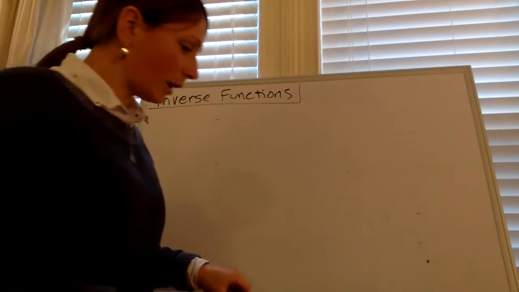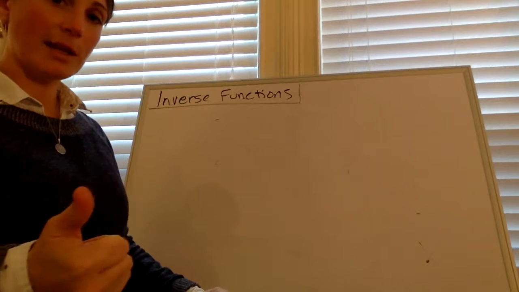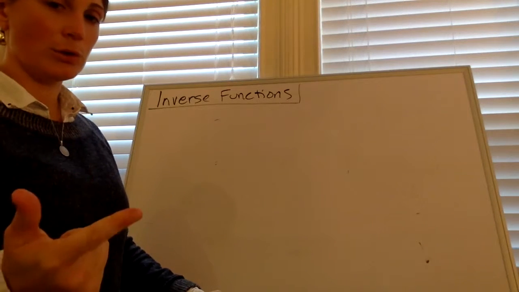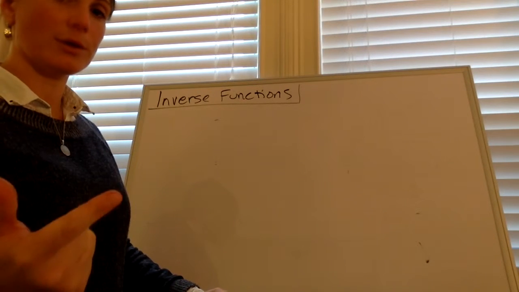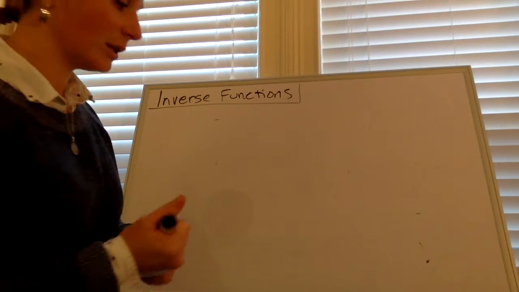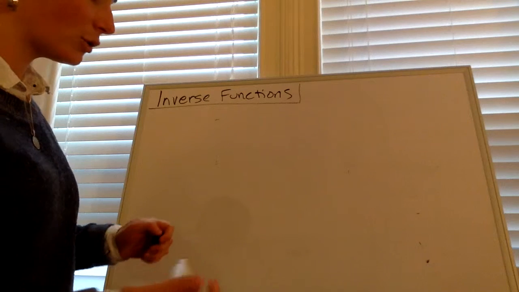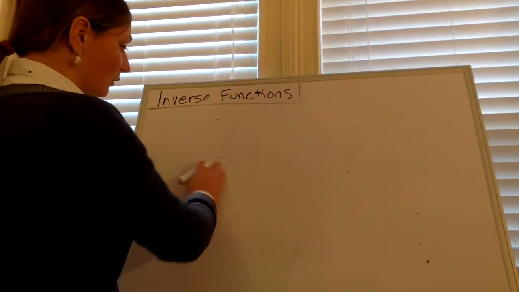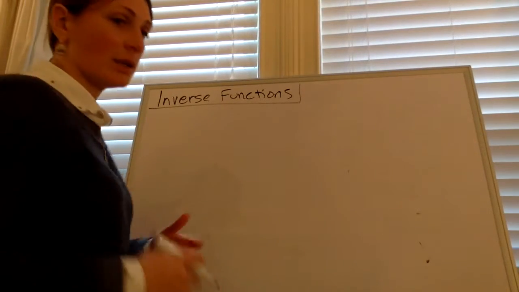So the three things we're going to talk about are 1, how to sketch inverses, 2, how to find inverse equations algebraically, and then 3, do all functions have inverses? And maybe you remember some of this from Algebra 2, maybe not. So first, how to sketch inverses.